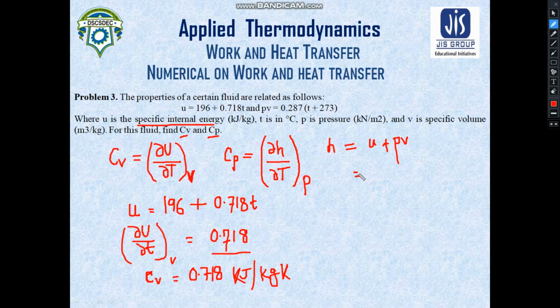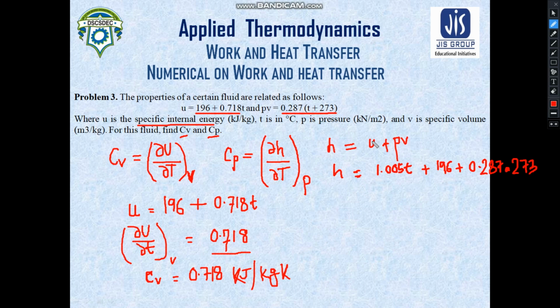Now U is given here by this formula and PV is given here by this formula. You can easily add up these two, and ultimately you can get the requisite data. So let us see after doing the addition what kind of value we get here.